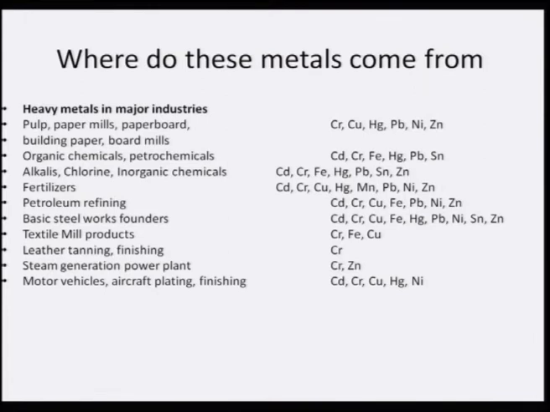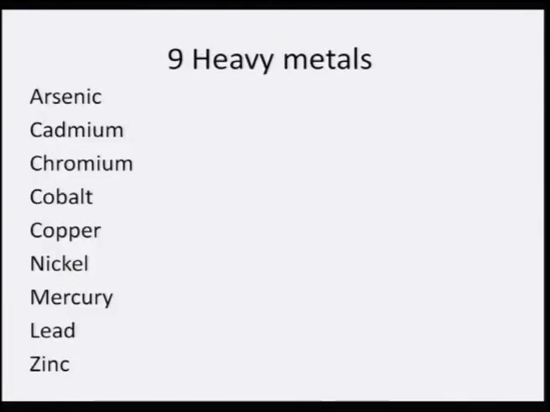Organic chemicals, petrochemicals add on to cadmium, chromium, iron, mercury, lead and tin contamination. Alkalis, chlorine, inorganic chemicals, fertilizers, petroleum refining, basic steel work, foundries. You find that everywhere cadmium, chromium, copper, iron, these are common metals that are contributed from the industries.